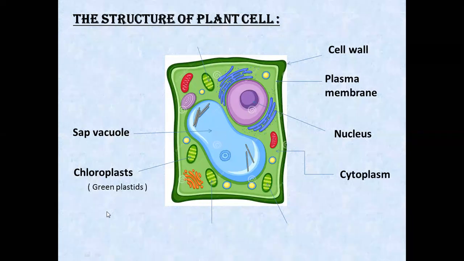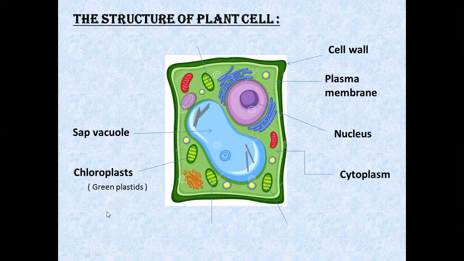So again, these are the components of the plant cell. The plant cell has two covers. The outer one is called the cell wall and the inner one is called the plasma membrane. And sure, it has a nucleus because it's responsible for cell division. We said it must exist in any cell.